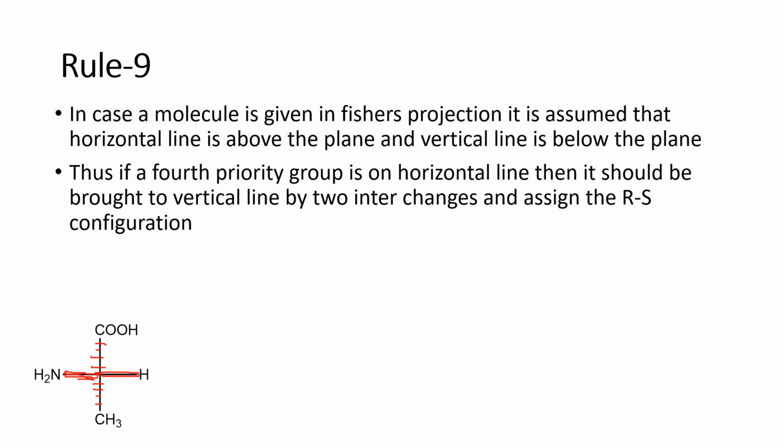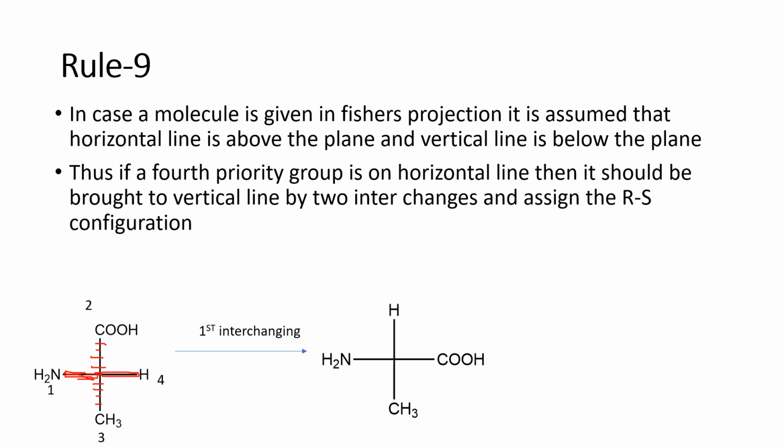To bring it to the vertical line, you have to interchange twice. This is the priority order. You can see that the fourth priority group is on the horizontal line, so we have to bring it onto the vertical line. In the first interchange, I bring the fourth priority group onto the vertical line.